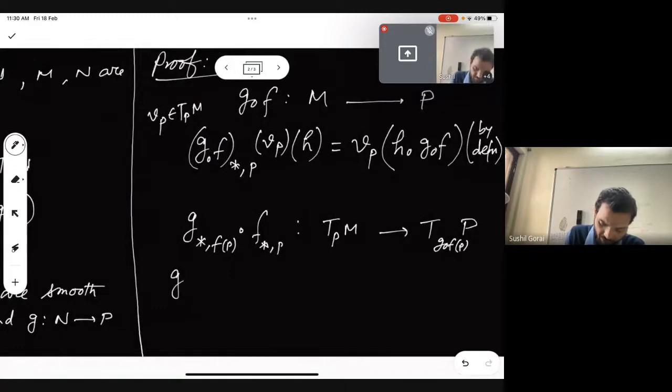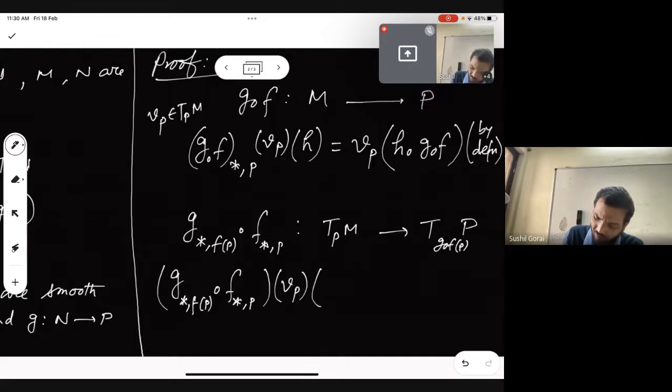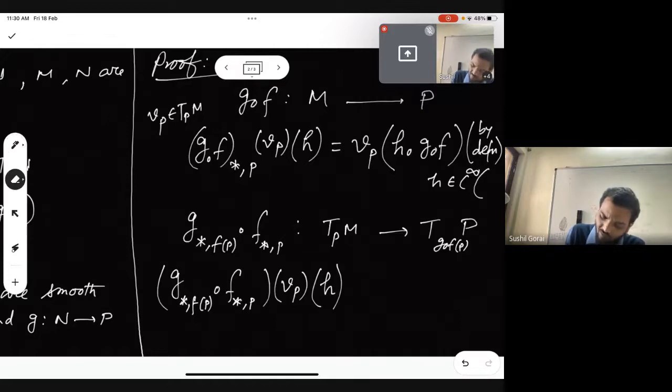Now we apply G star at F(P) composed with F star at P, acting on V_P. Now this will be a derivation in this tangent space. Now you act on a function H, which is a C infinity function at G compose F(P).